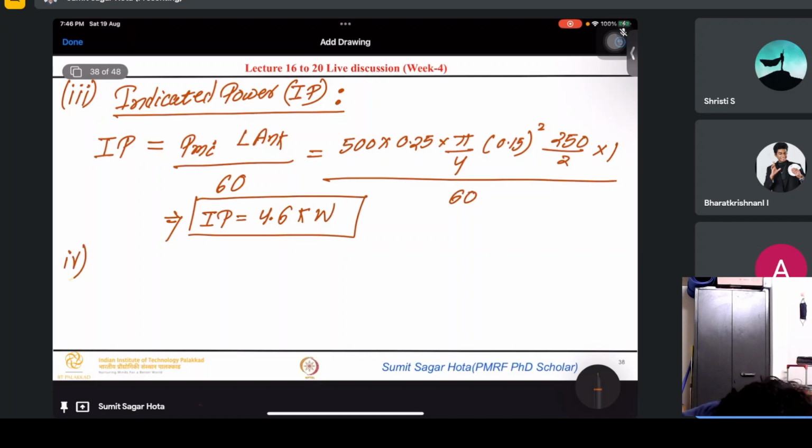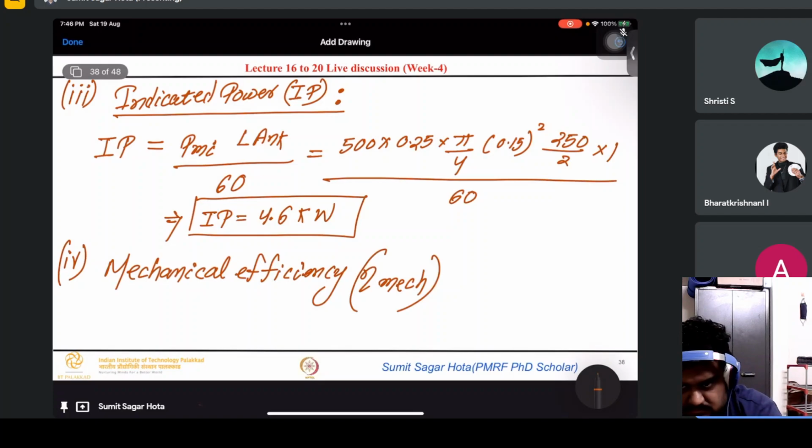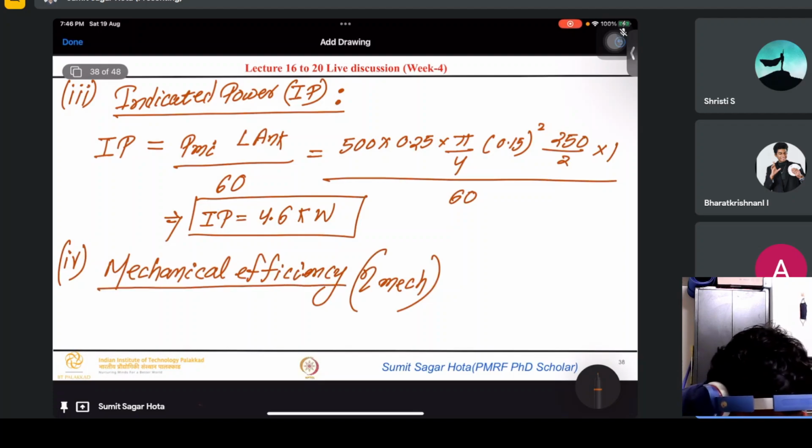next, mechanical efficiency. Mechanical efficiency formula is brake power divided by indicated power.